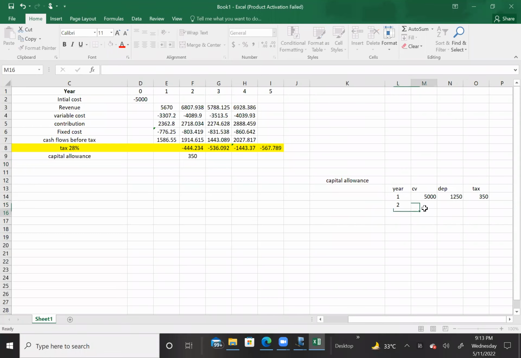In year 2, the carrying value will be 5,000 minus cumulative depreciation, that is 3750, and the depreciation will be 25%, and the allowance will be 28%, and this will be taken in year 3.